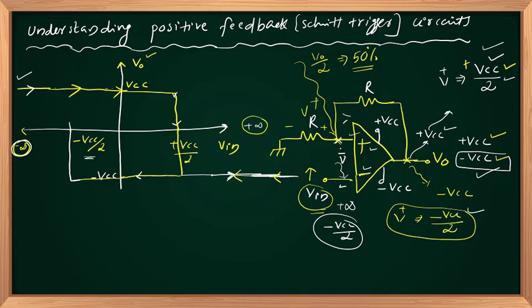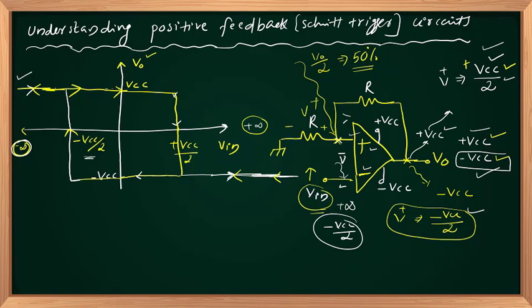So the positive input is larger than the negative input, and the output switches to plus VCC. It stays at plus VCC if you decrease your Vin further.